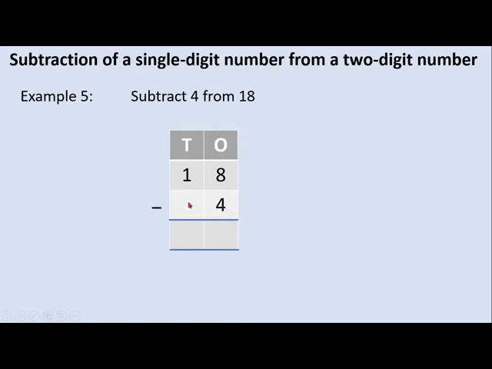In the second number, there is only 1 digit. While writing down here in the place values table, you should be careful. 4 is at ones place, therefore it should be written in ones place column. It should not be written in tens place column.